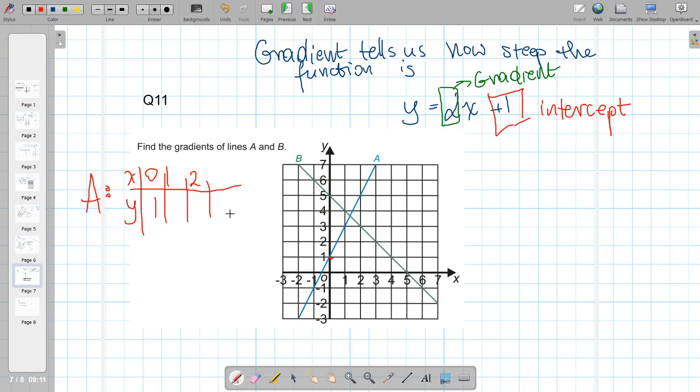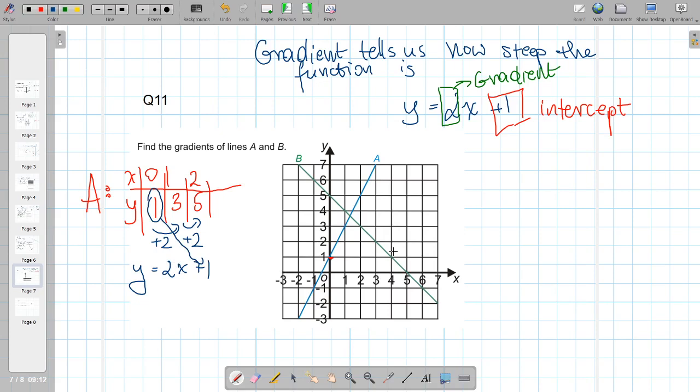For x equal 1, y is 3. For x equal 2, y is 5. So this means we go up by 2 each time. And our line for A will be 2x plus 1. 1 is the intercept, so this goes here.